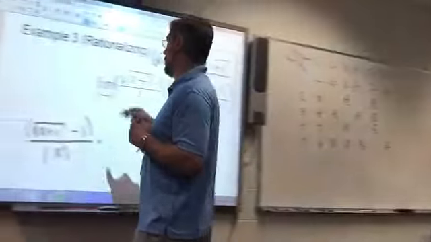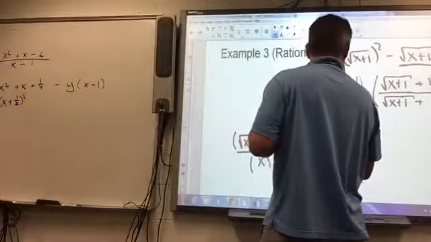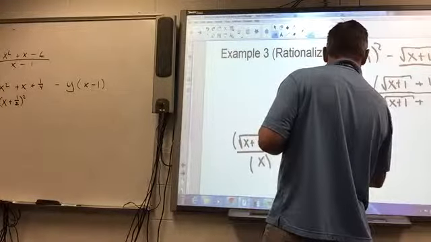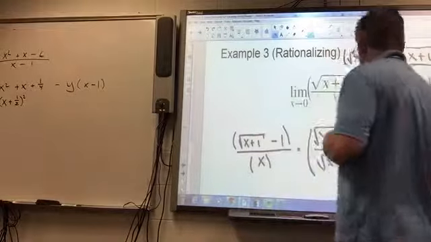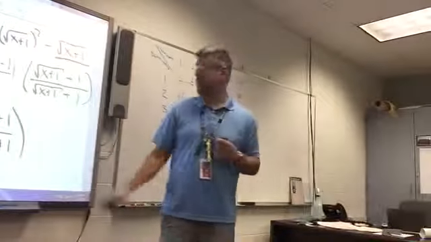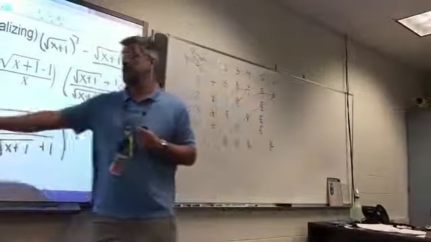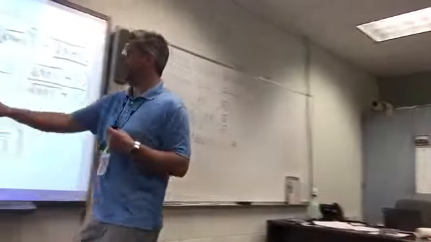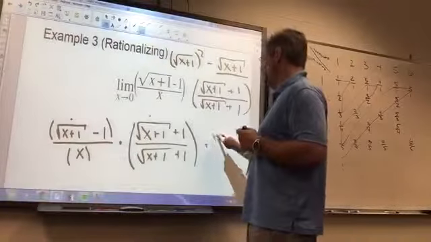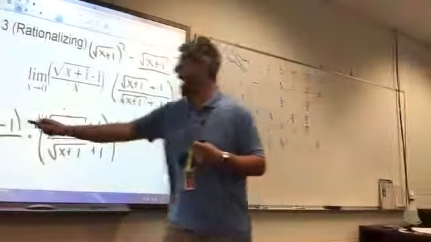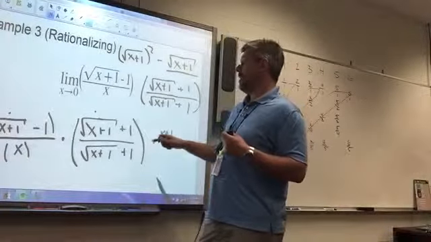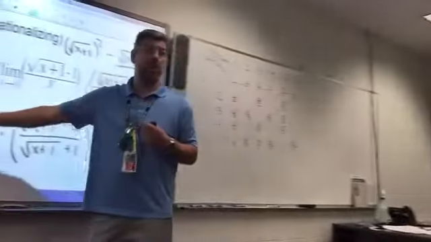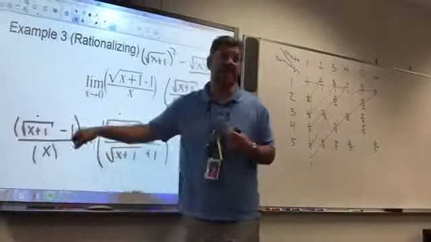What happens when I multiply both sides by this? So, let's multiply these things out. What do I get when I multiply the numerators out? First times first is x plus 1. Outer, square root of x plus 1. Inner, negative square root of x plus 1.